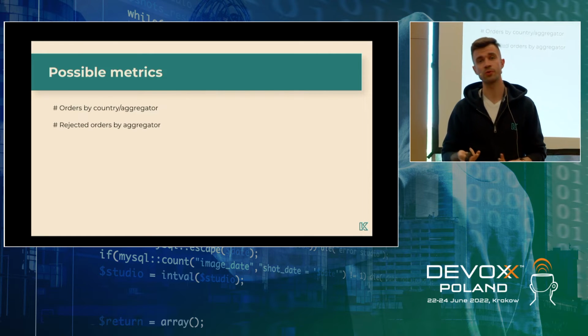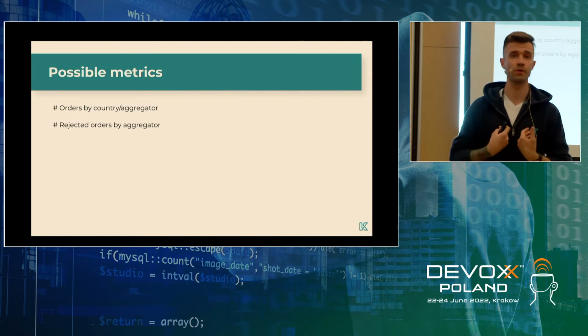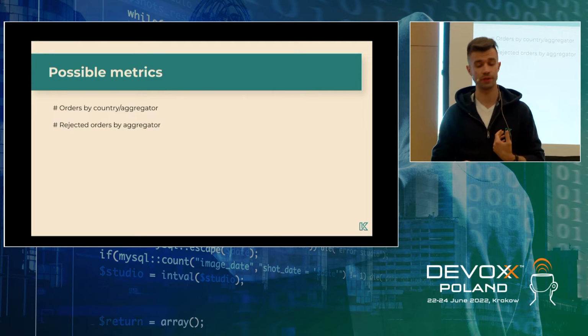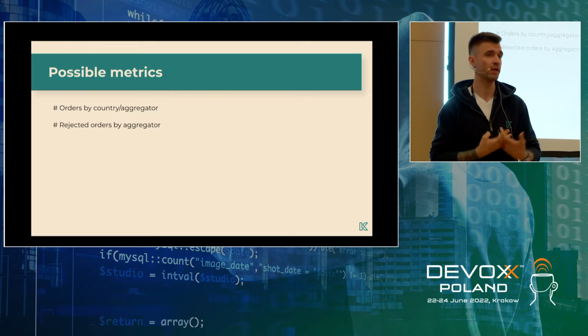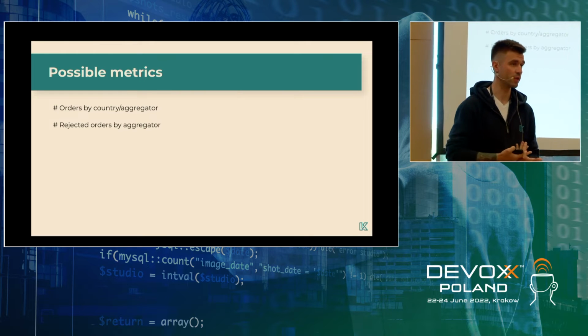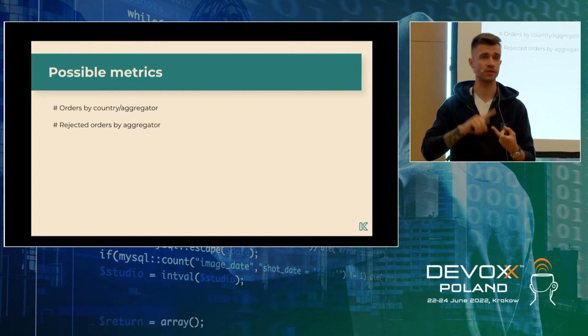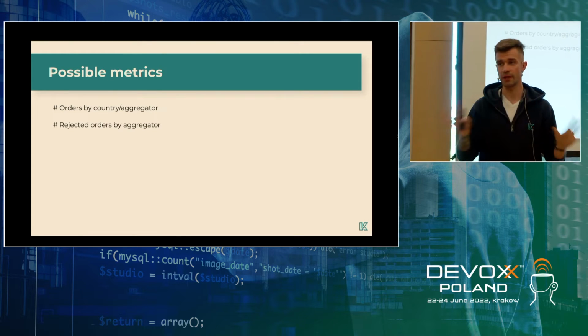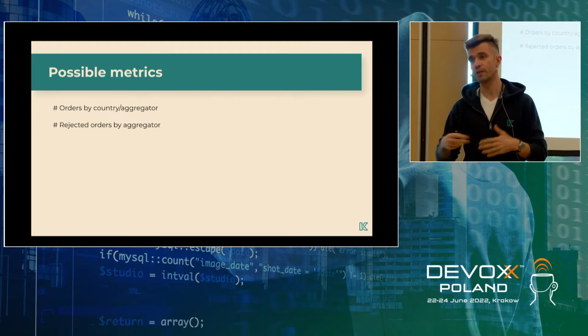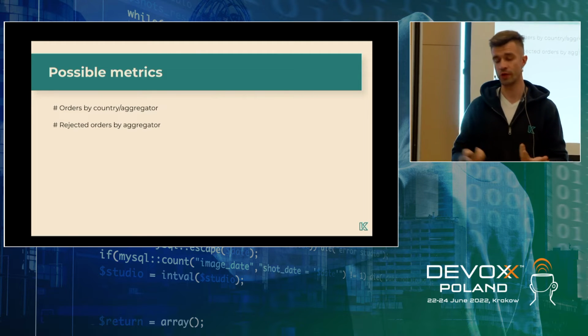Then another important metric is how many of the orders incoming to our platform we reject. Sometimes an order coming to our platform is not valid or improper. There is a missing ingredient, the dish you ordered is not available, any other problems, or the structure is invalid. How many orders do we reject daily?